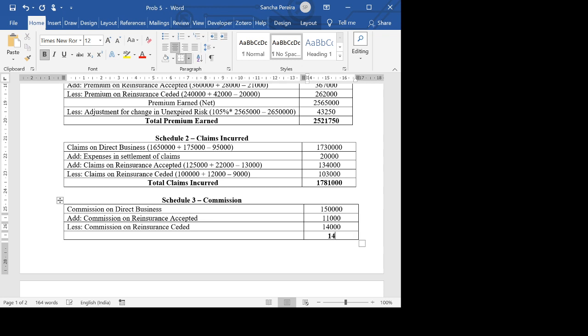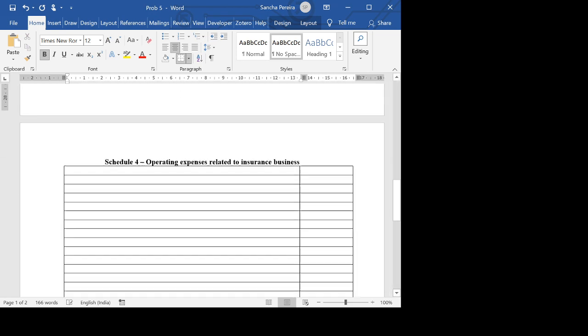So the total commission is 1 lakh 47,000.